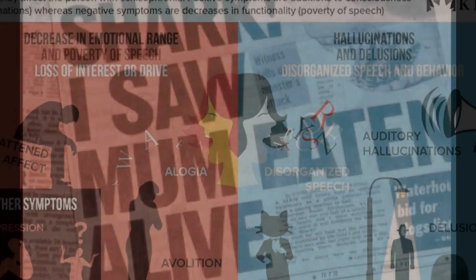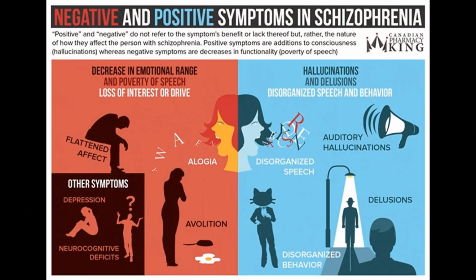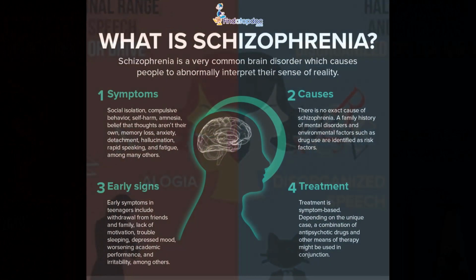Disorganized speech. This is the result of abnormal thought processes. They may slip from one topic to another, known as derailment, even mid-sentence. Speech may be very incoherent and sound like gibberish. Disorganized or catatonic behavior.